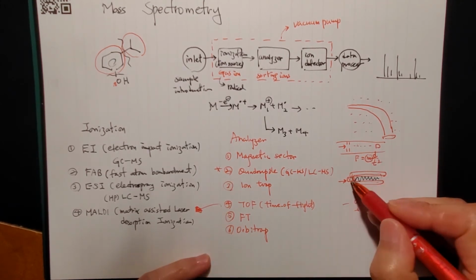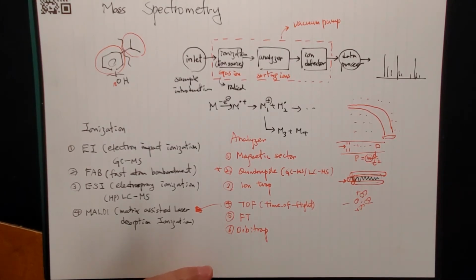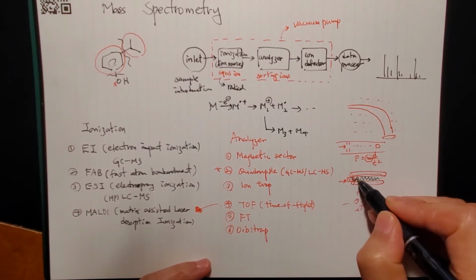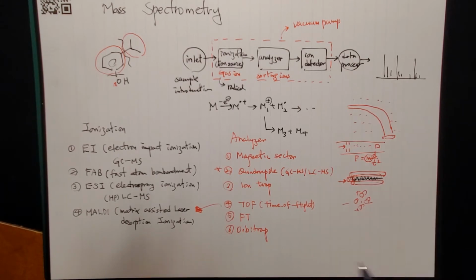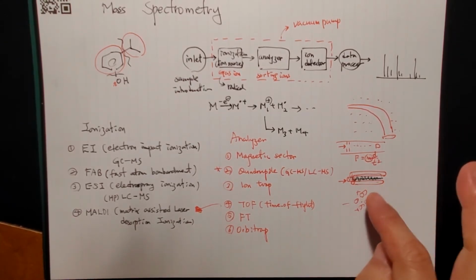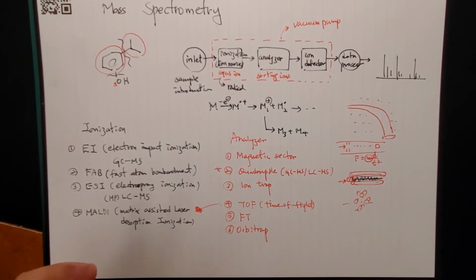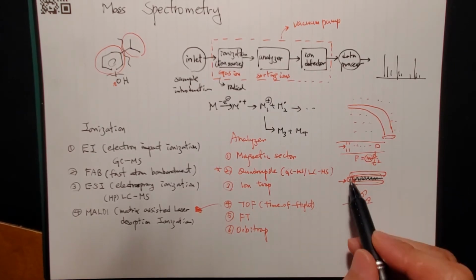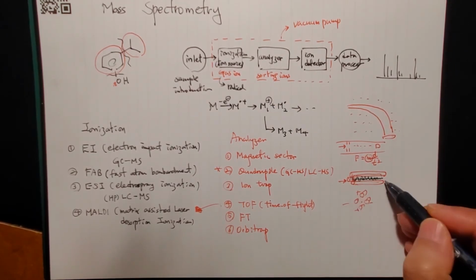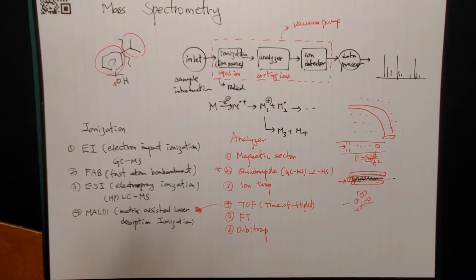The lighter ones will oscillate more. So depending on their mass, the oscillation changes. By doing so, you can select some lighter ones. You can have them dephase, allowing only the proper mass to travel through and reach the detector.